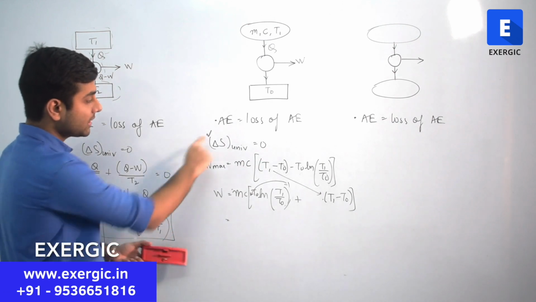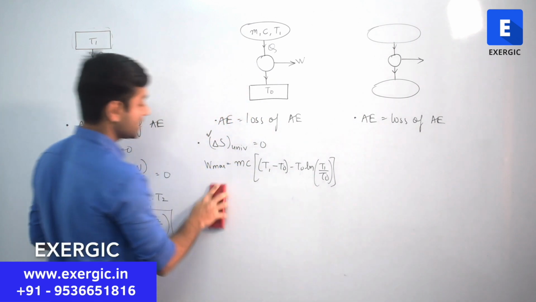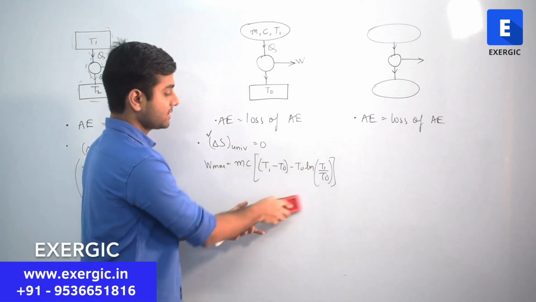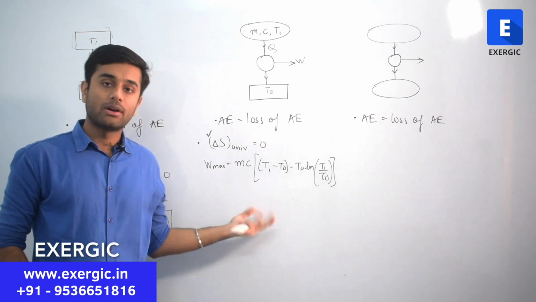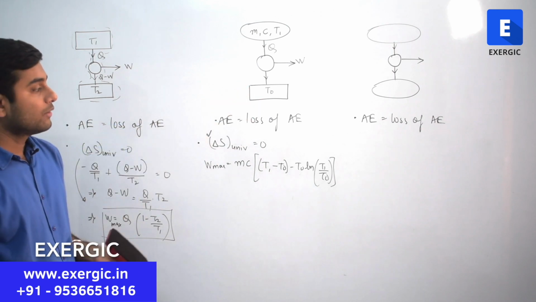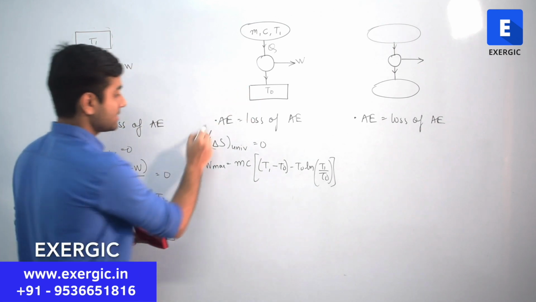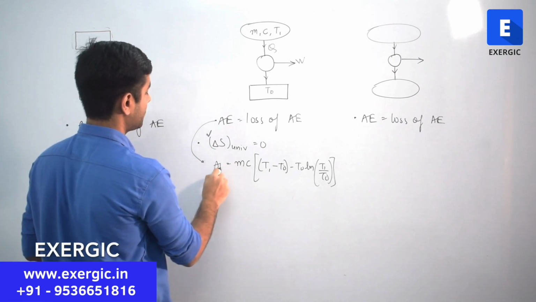What did we use? Delta S universe is equal to 0. Correct? So using this approach, this was the expression that we got earlier. I just did that derivation quickly because we have already done that. Coming to that case, if I want to calculate, and yes, this is same as this one. This W max is nothing but AE only, right?